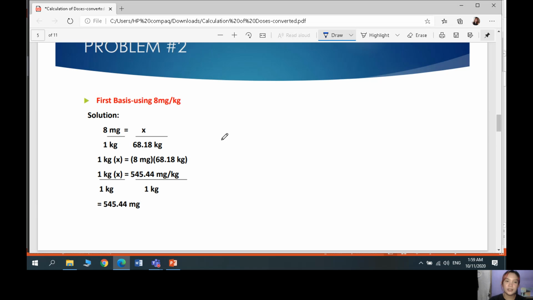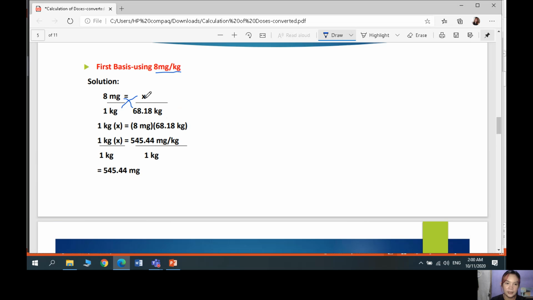Then we move on to the solution of the first basis. Again, the first basis uses 8 mg per kilogram. So in here, it is kind of direct. We are going to use ratio and proportion, and since it is ratio and proportion, it should be cross multiplied.